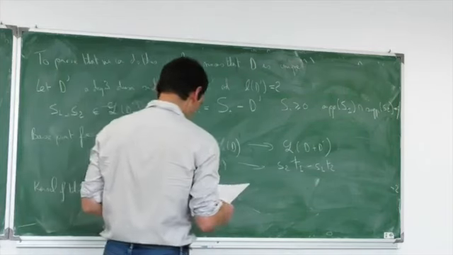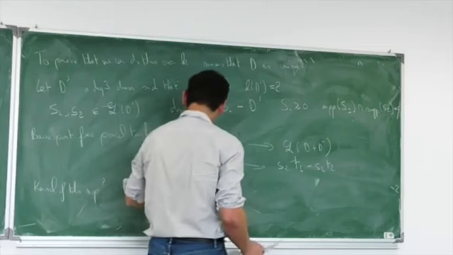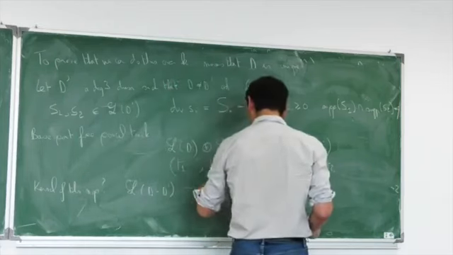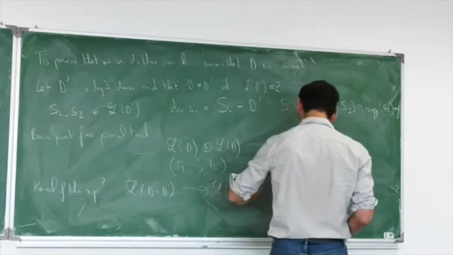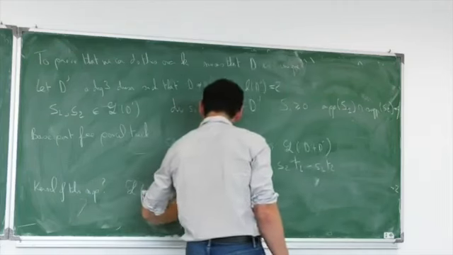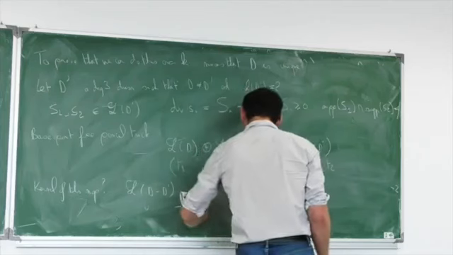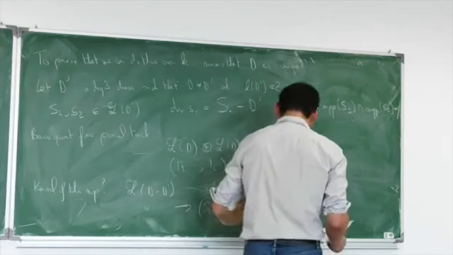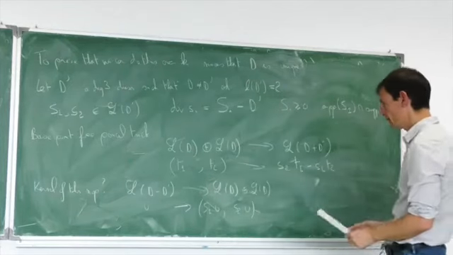So what I say is that the kernel is exactly L of D minus D prime, which I'm going to map to L of D plus L of D in the following way. I take an element U here, and I map it to S1U and S2U. We can see that indeed it works.